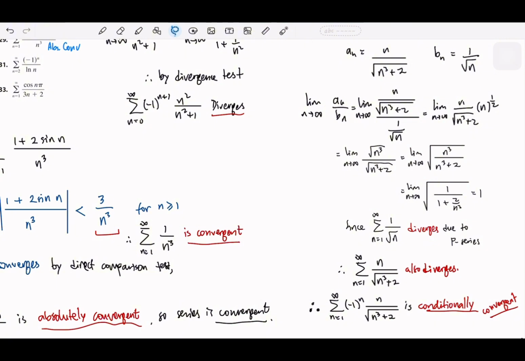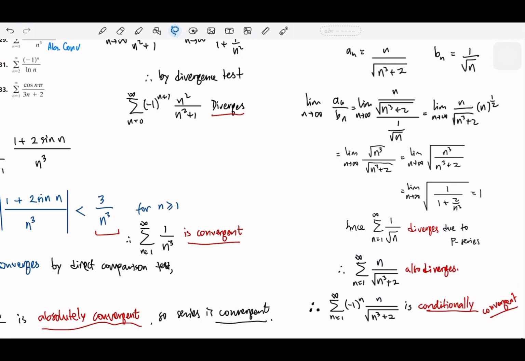First, two requirements for the alternating series: the series decreasing, and the limit is 0. We know it converges, but the convergence can be absolute or conditional. So for the second argument, you take the absolute value and then check this series.